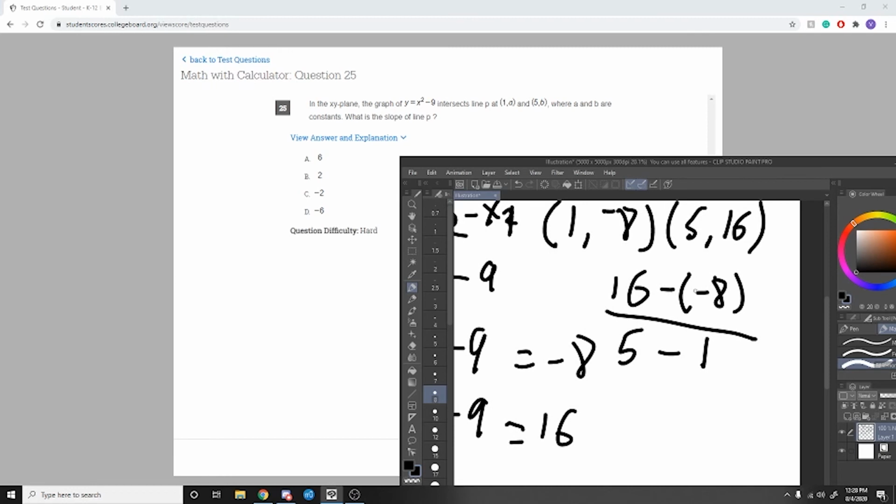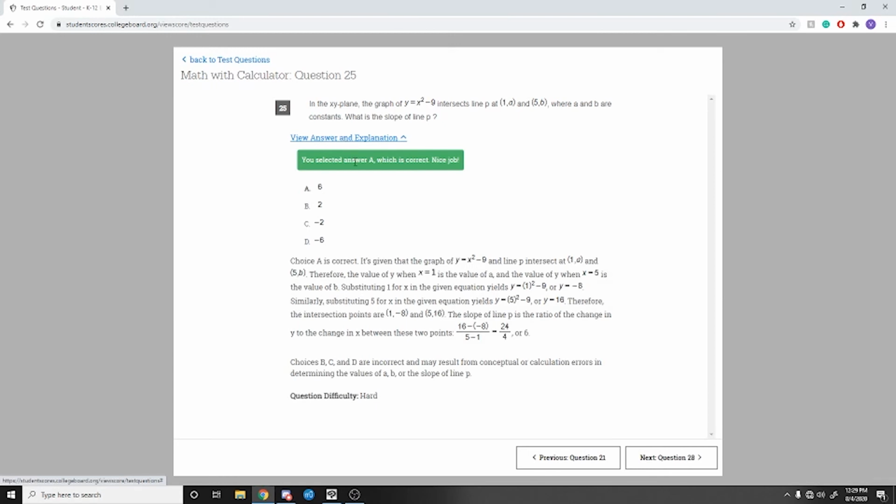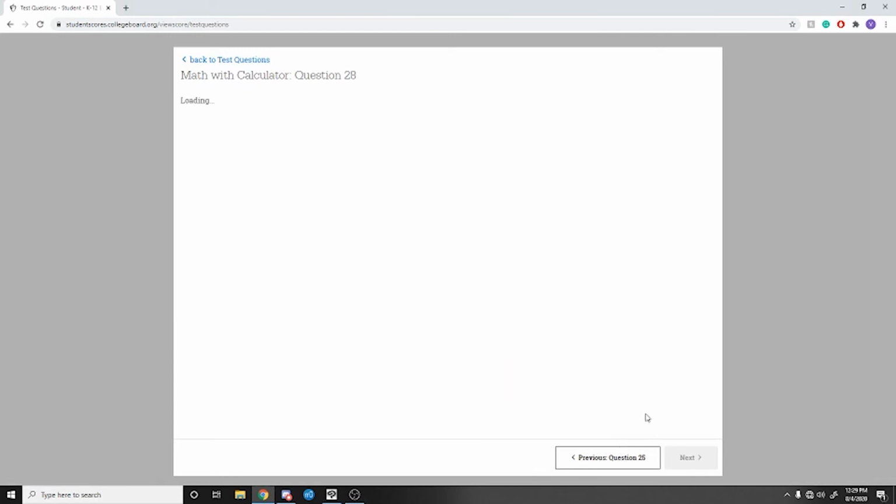Negative and negative makes it positive, so 16 plus 8 is 24. And now 5 minus 1, that's 4. 24 over 4 is just 6. So now we know the slope should be 6. That's answer A, and let's see if it's correct. Yep. The next question.